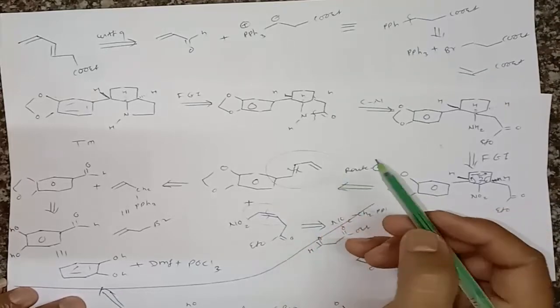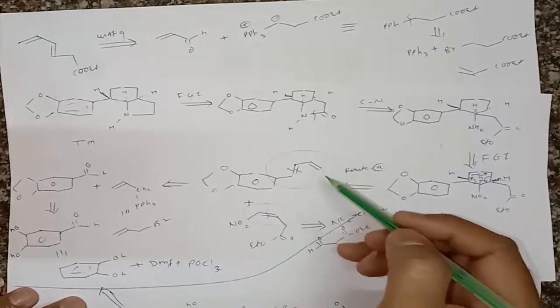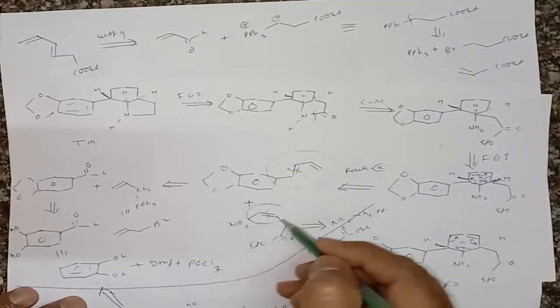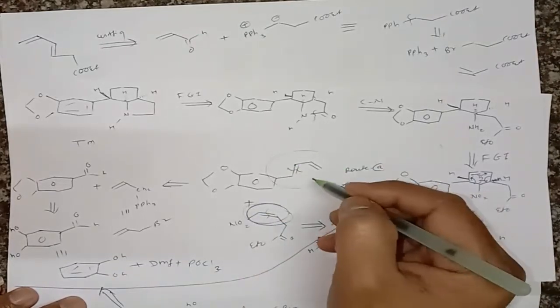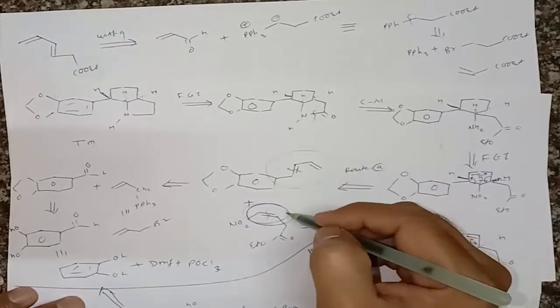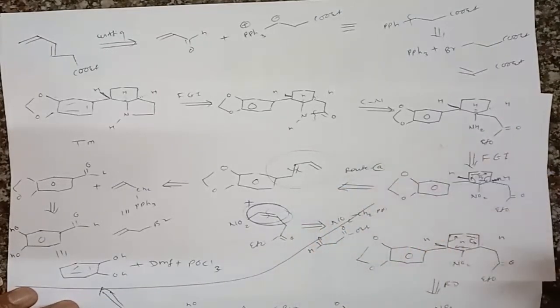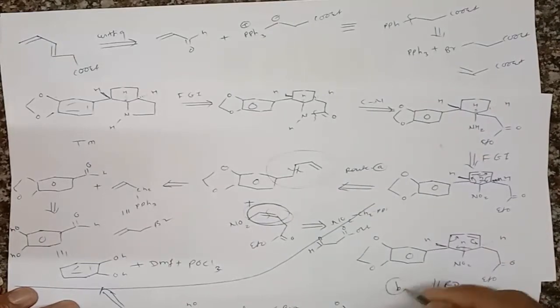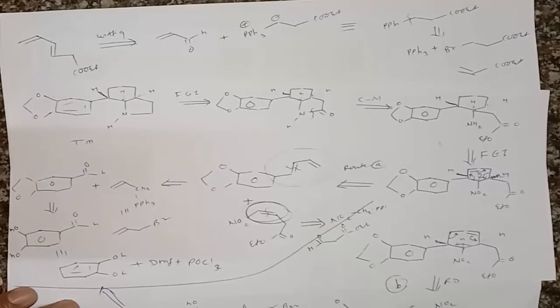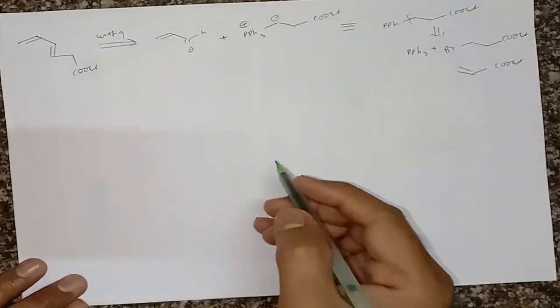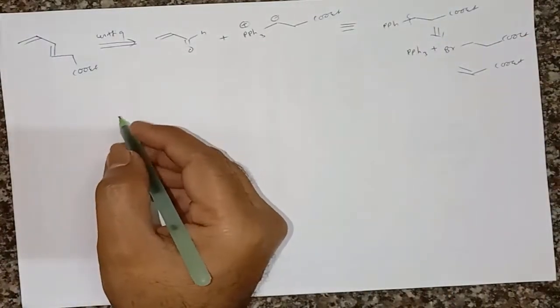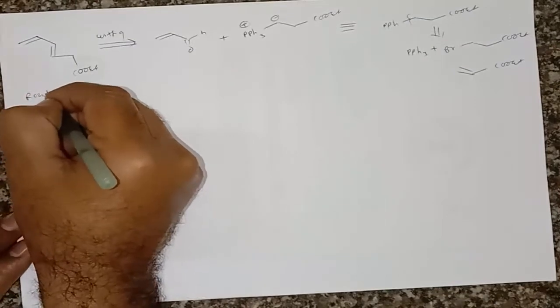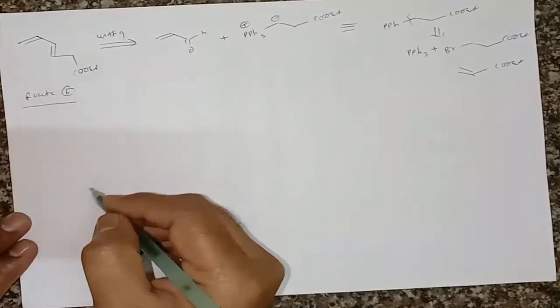But here we want to prepare the molecule which contains a cis olefin here and also a cis olefin here, but the formation of cis olefin is quite difficult, right, which is in route A. Here in route B we can use formation of a trans olefin, which is quite easier as compared to the cis olefin, and therefore we can use route B for the synthesis of this target molecule, right?